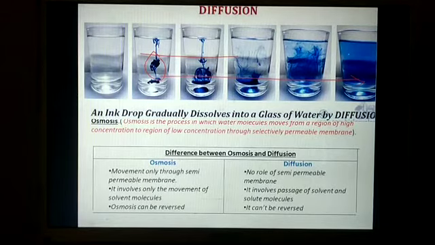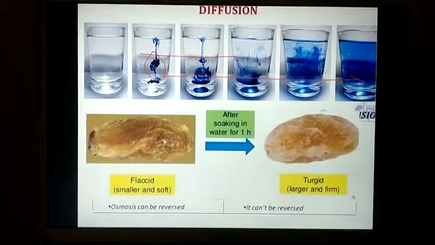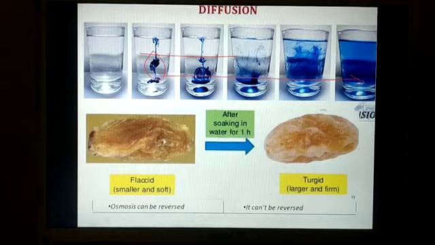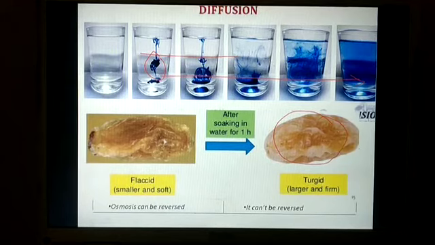Now an example of osmosis. So this is your resin. Before putting it in water, it is like this. When you soak this resin in water, after 1 hour you can see it becomes fluffy like this, turgid, because water enters inside the resin.